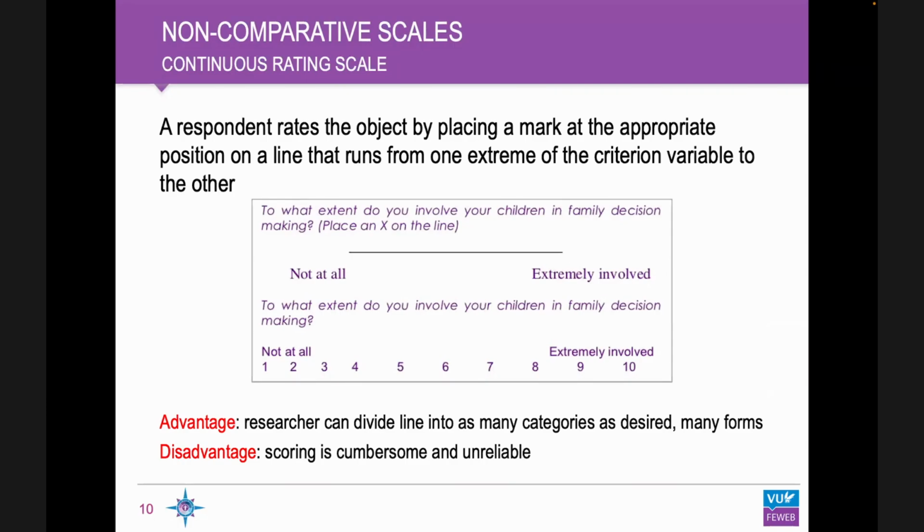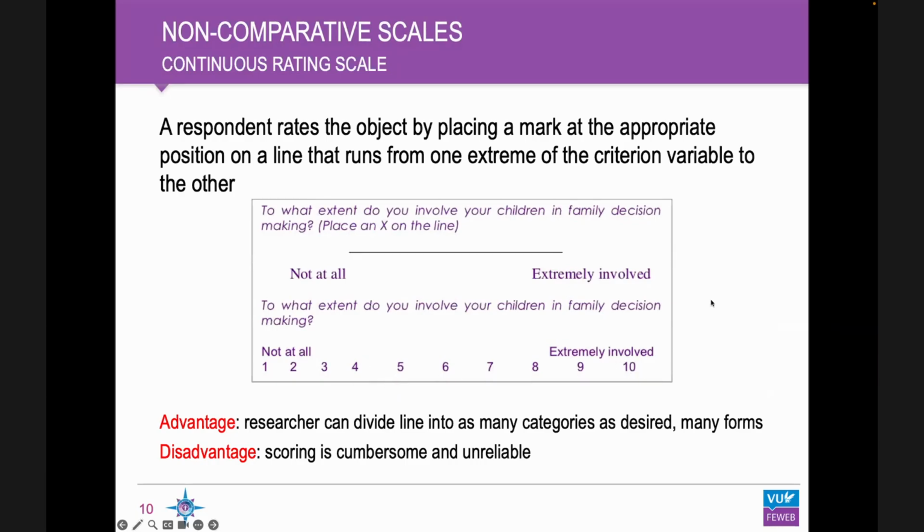So it's free from the researcher's perspective. It's also good that you are getting this granular information, rather than only giving options 1, 2, 3, 4, 5. You can also think about having this not at all and extremely involved, for instance, and then they can also put a mark here.